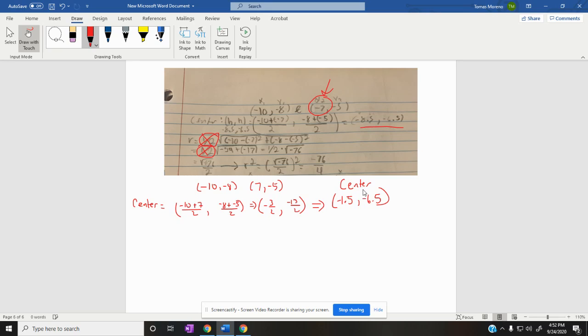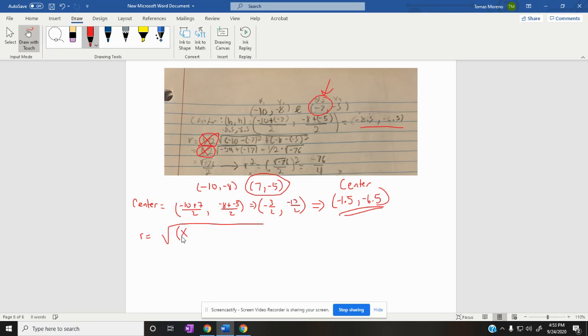Now I want to find my radius, which is the distance between 2 points. One of the points has to be the center, and the other one is whichever one of these points. I like to deal with smaller numbers, so I'm going to choose this one. So the radius is the distance between 2 points.